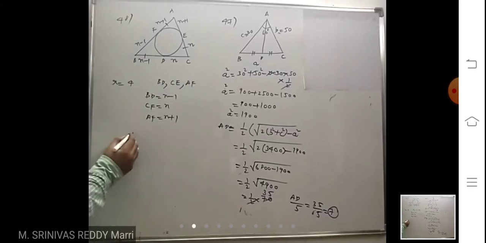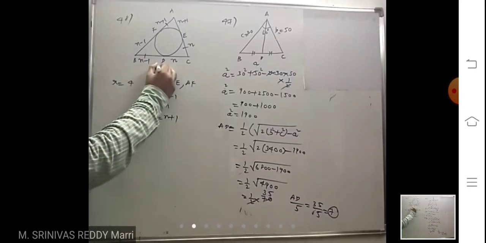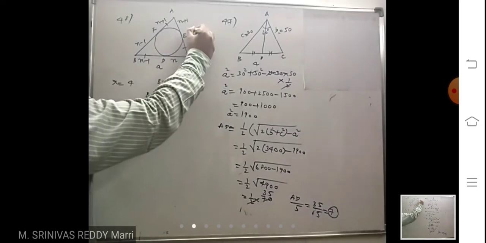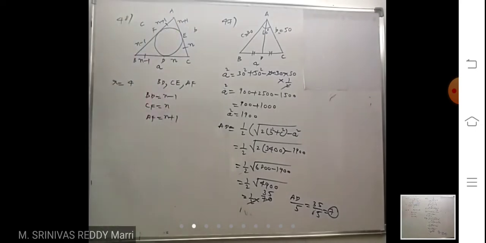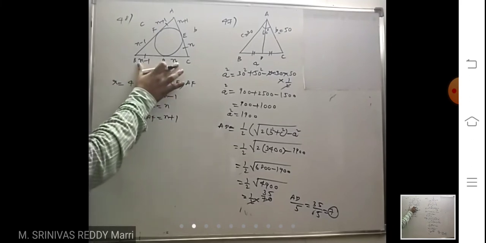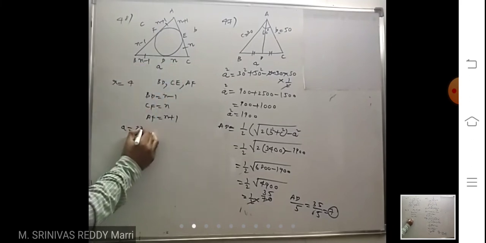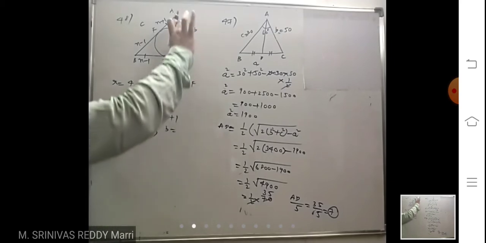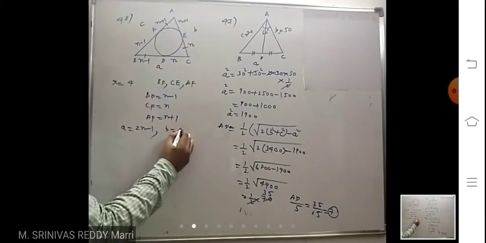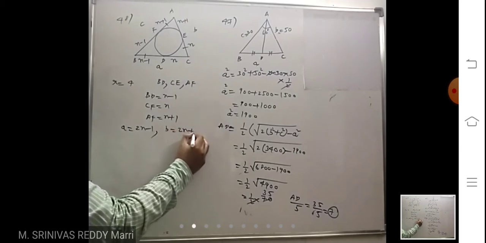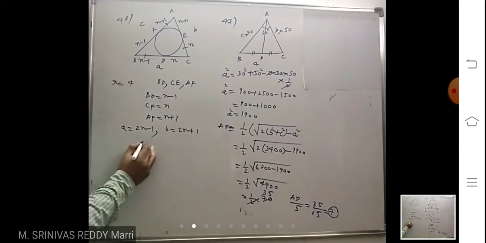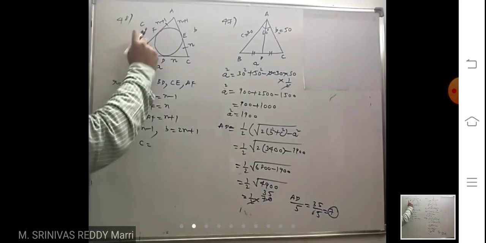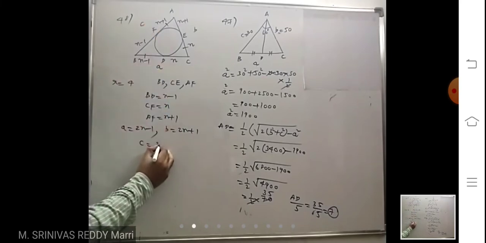Now this side is A, this side is B, this side is C. What is A? This plus this, that means 2n minus 1. What is B? B is this complete length, 2n plus 1. What is C? This plus this, 2n. Now you got the sides.